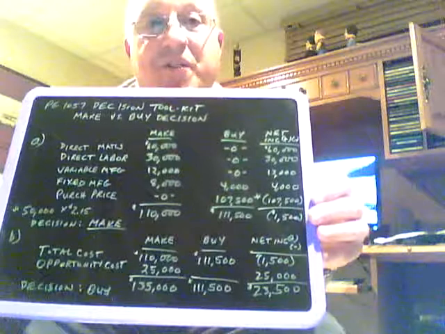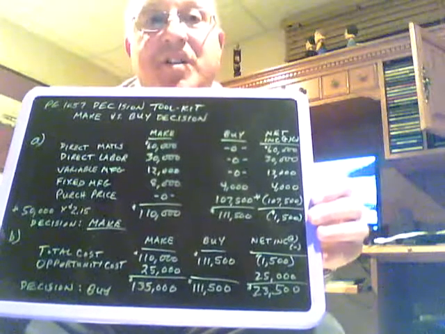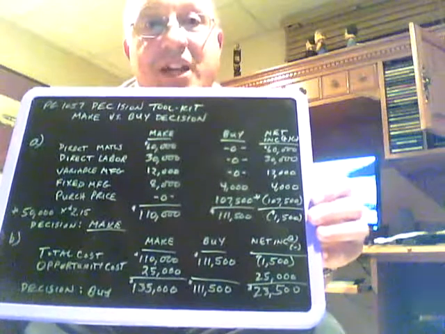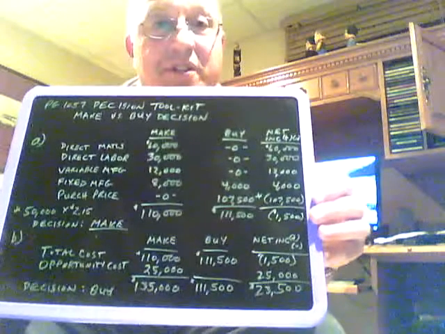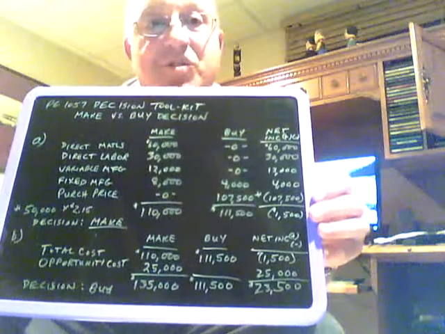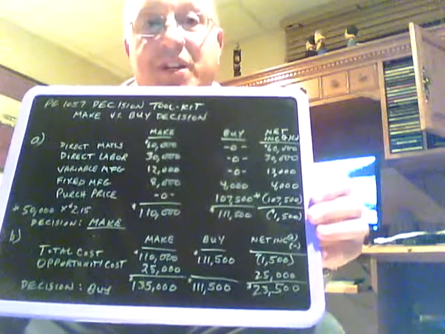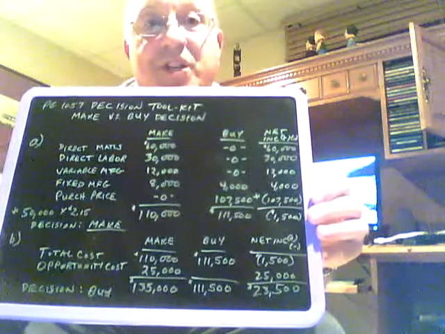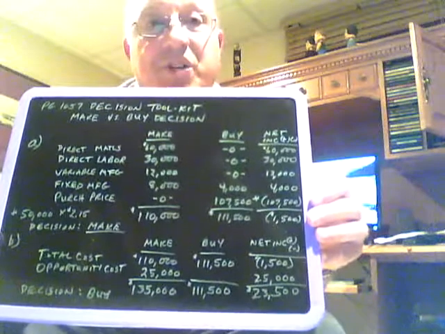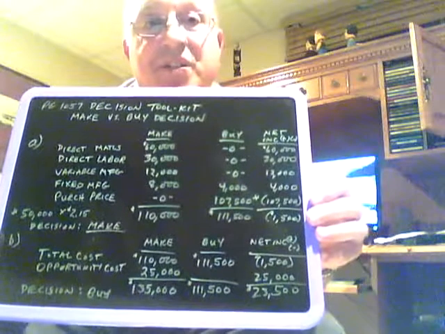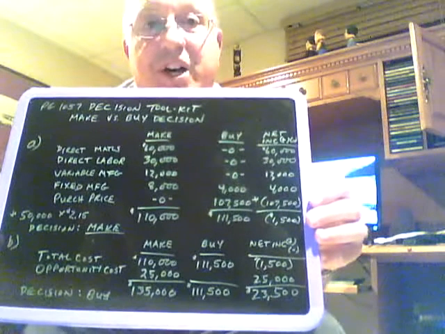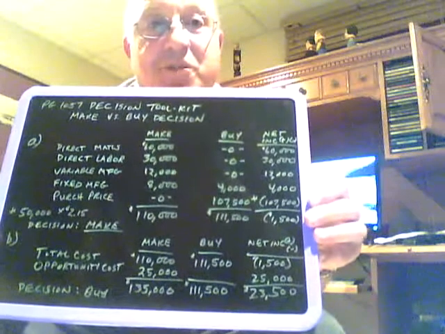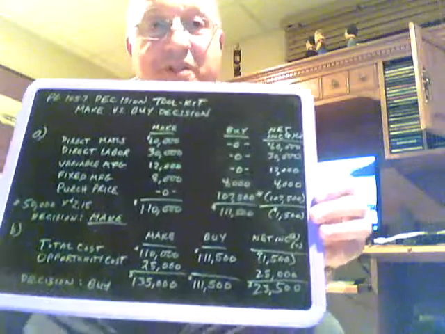And notice how the $23,500 is the $25,000 of opportunity costs that we would stand to gain by buying the items and having that available capacity to make that $25,000 net income in-house, minus that $1,500 loss that we were taking before when we simply compared the cost of making versus the cost of buying, including those fixed costs that did not go away. Alright, so hopefully everybody gets that part of it.